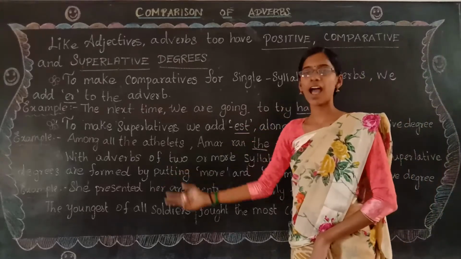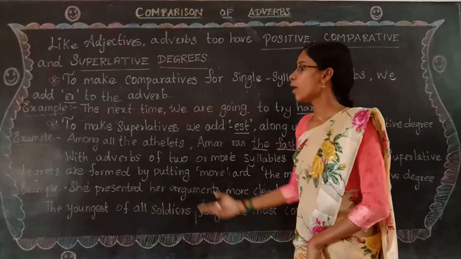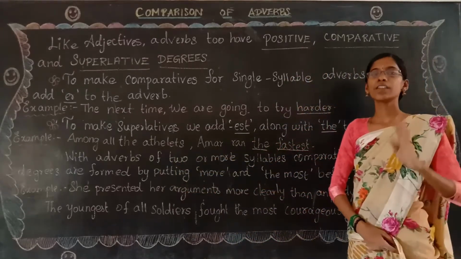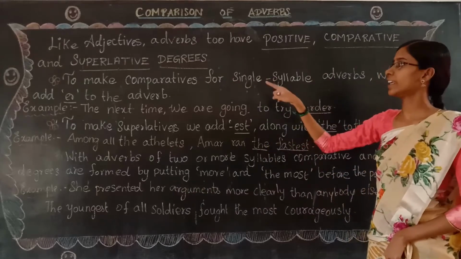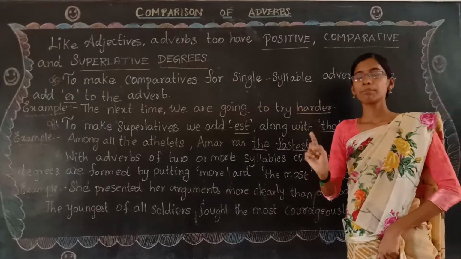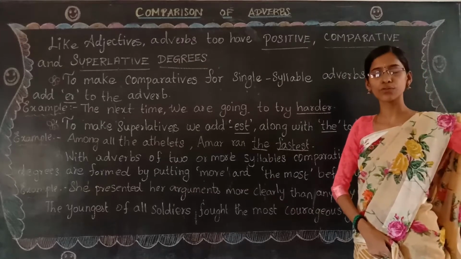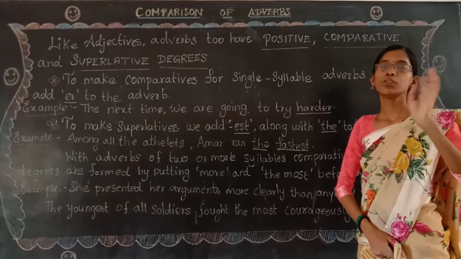Now coming to the last rule. It is very simple. Read it. With adverbs of two or more syllables. In our first rule we saw a single syllable. But when you are referring to two or more syllables, for example useful, beautiful, or interesting, such words have more syllables.